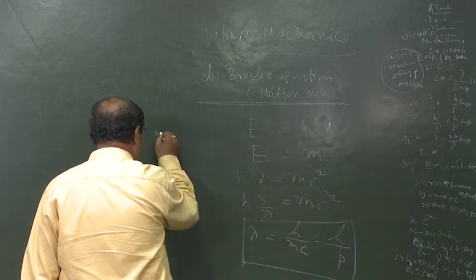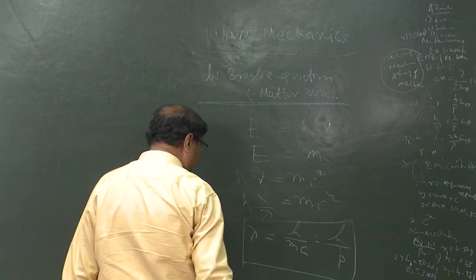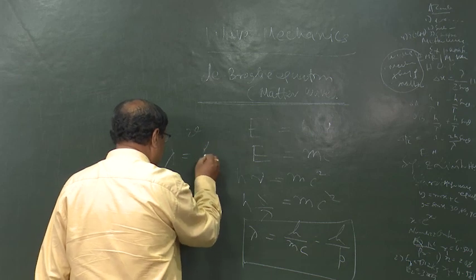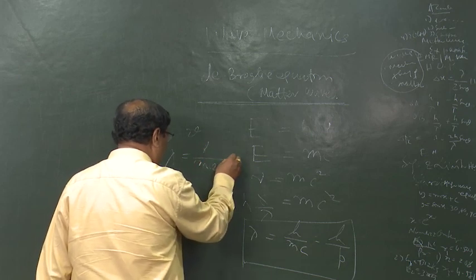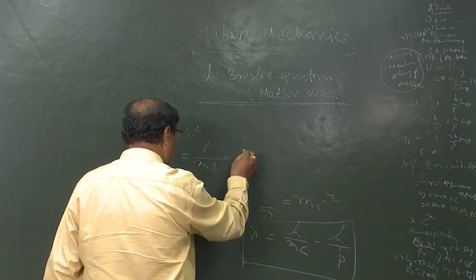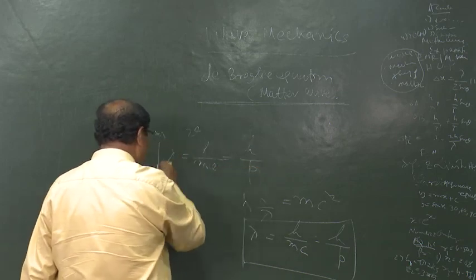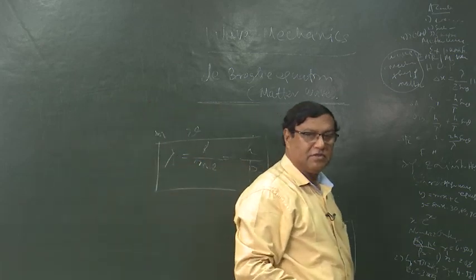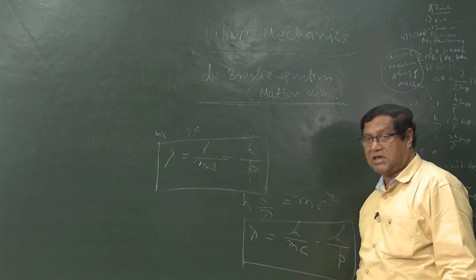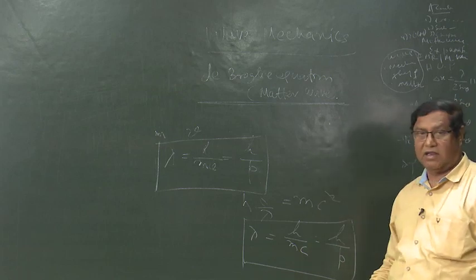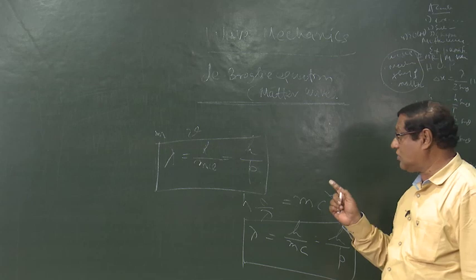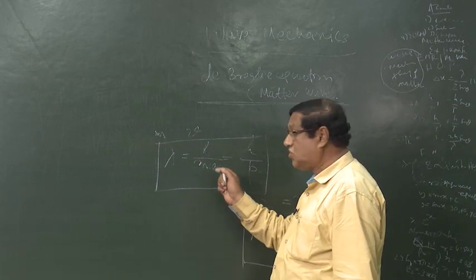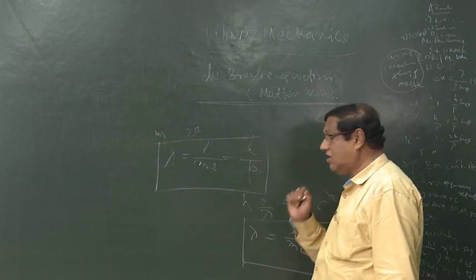If m is the mass of the particle and v is its velocity, then the wavelength associated with it is expressed as lambda is equal to h by mv, or h by p. This wavelength is associated with the material particle. So, if a particle is in motion, it is associated with a wave whose wavelength is expressed as the ratio of the Planck constant to the momentum.